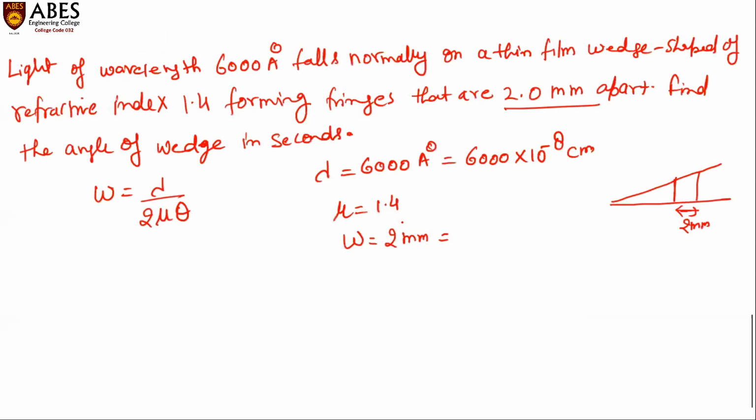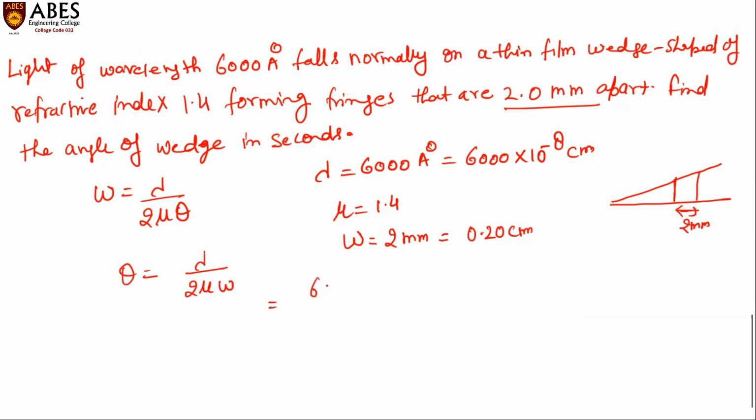Converting from mm to centimeter, we write it as 0.20 centimeter. Omega is 0.20 centimeter, mu is 1.4, lambda is 6000 into 10 to the power minus 8. We have to calculate theta. So we can write theta is equal to lambda by 2 mu omega.